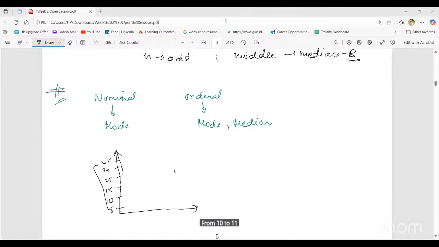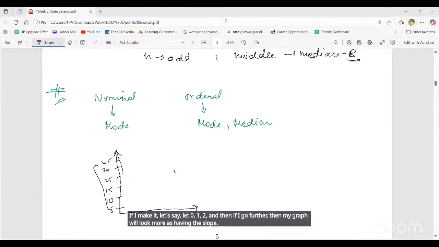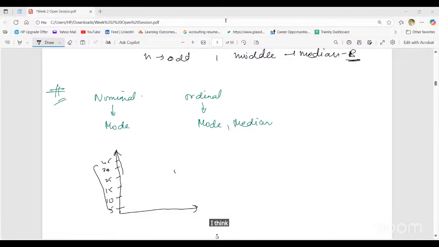If I plot this on the graph, and at all the currents the voltage is around 10, and I make the y-axis 0, 10, and 15, then my graph will look flatter. If I make it 0, 1, 2, and go further, then my graph will look like it has a slope. I think you got it, right?